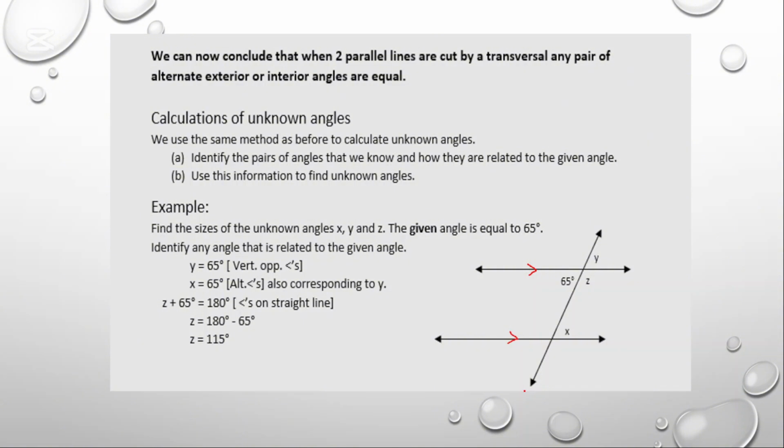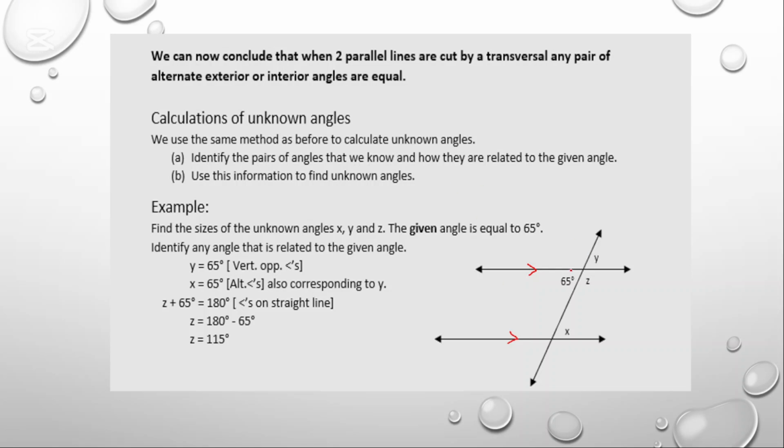Right. Now we are going to find the unknown angles. We use the same method as in lesson 1. As before, to calculate unknown angles, we first identify the pairs of angles that we know and how they are related to the given angle. So we have our given angle over here, right?